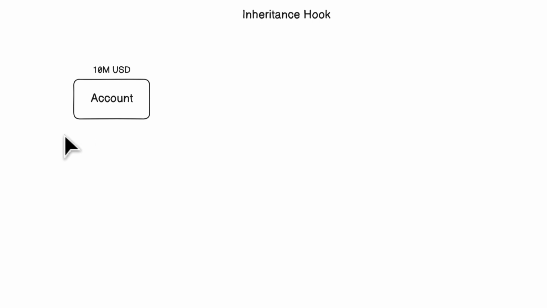To do this, the person has to install the inheritance hook on this account and also configure the nominees. Yes, I want to have multiple nominees for this implementation. Let's have a primary nominee. This is the main person who is going to inherit the wealth. By the way, these are all accounts on Xahau Network.